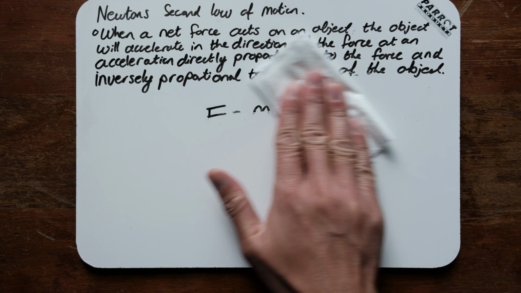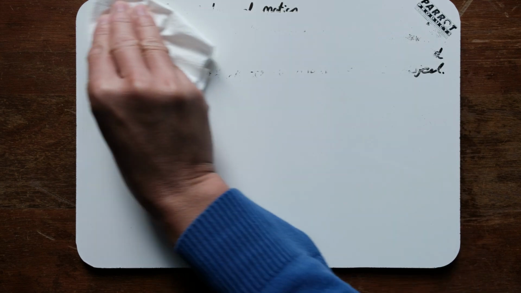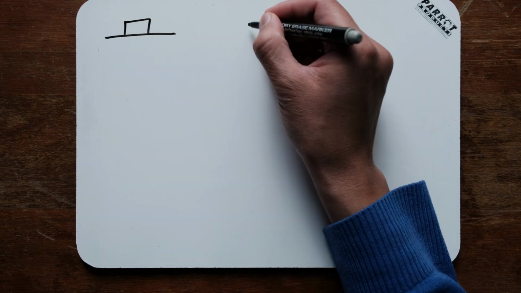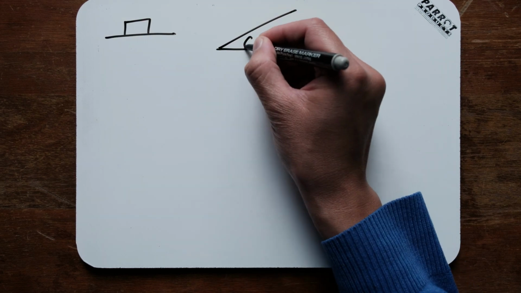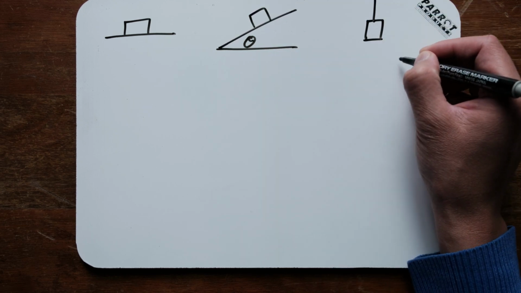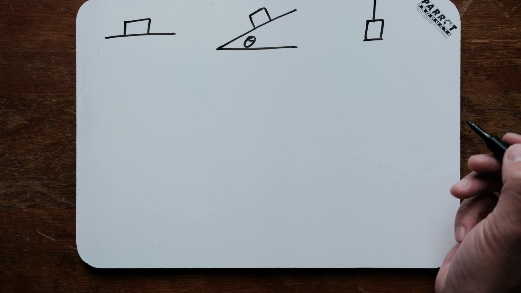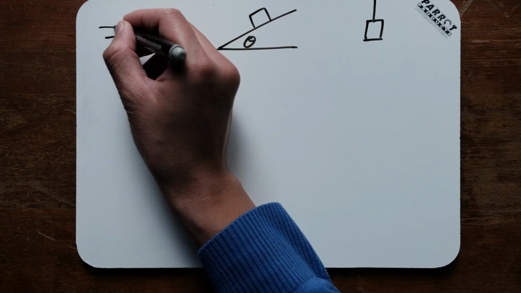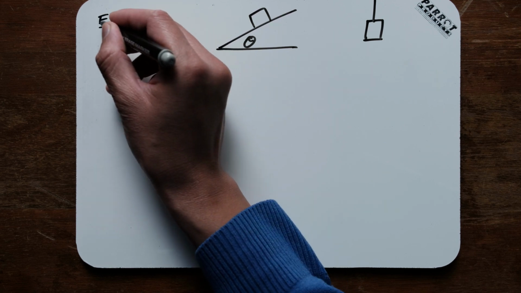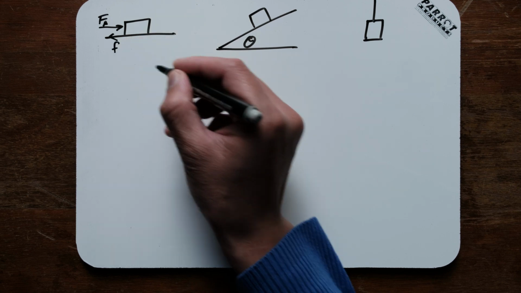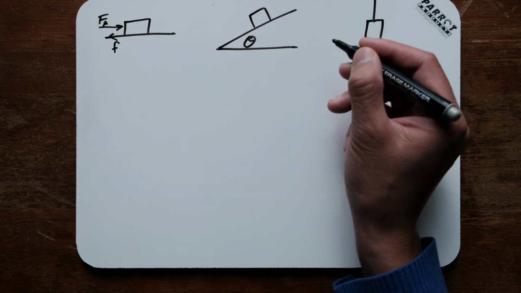Alright, so if we go into it further, if an object is on a flat plane, a slope, or something hanging, on all occasions there would have to be a net force of some sort. In this occasion there'd be an applied force, which would then be counteracted by either a force of friction or completely frictionless.